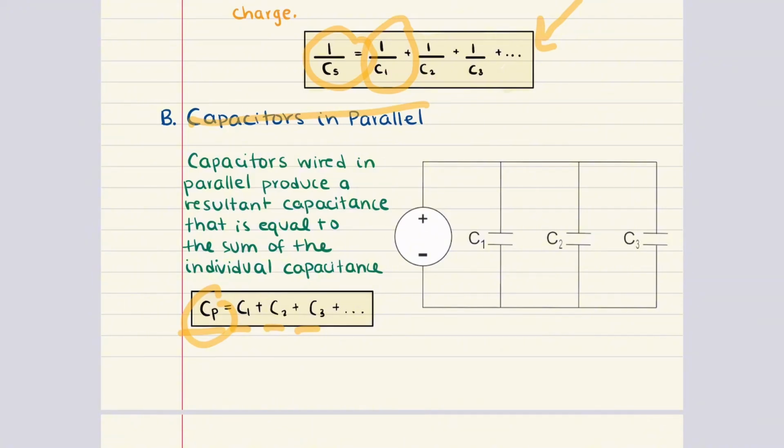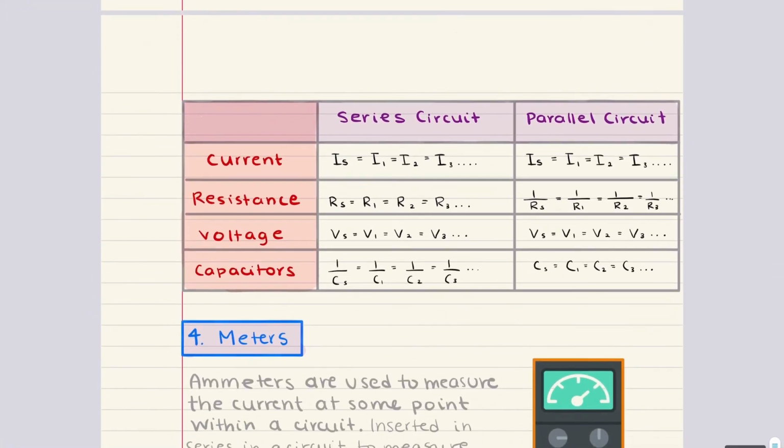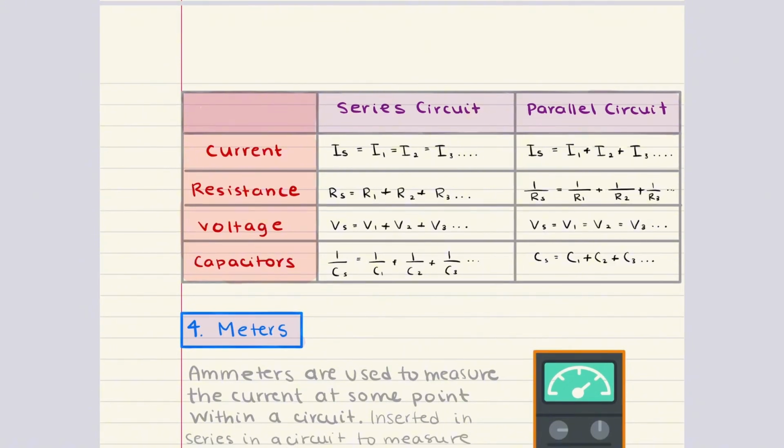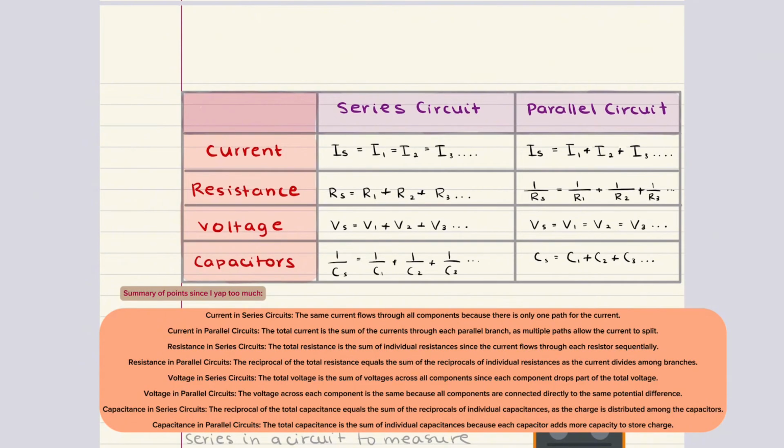Now that we've explored both resistors and capacitors in series and parallel arrangements, it's important to step back and compare how current, voltage, resistance, and capacitance behave in these two types of circuits. This comparison will help solidify the relationships we've discussed and show how these different components influence circuit behavior.